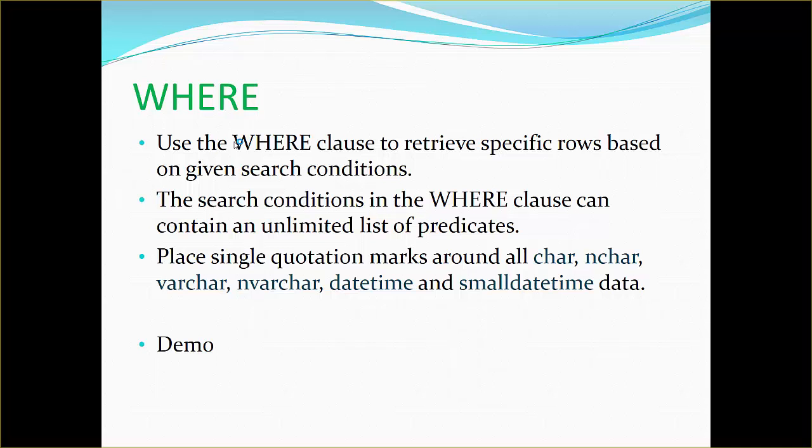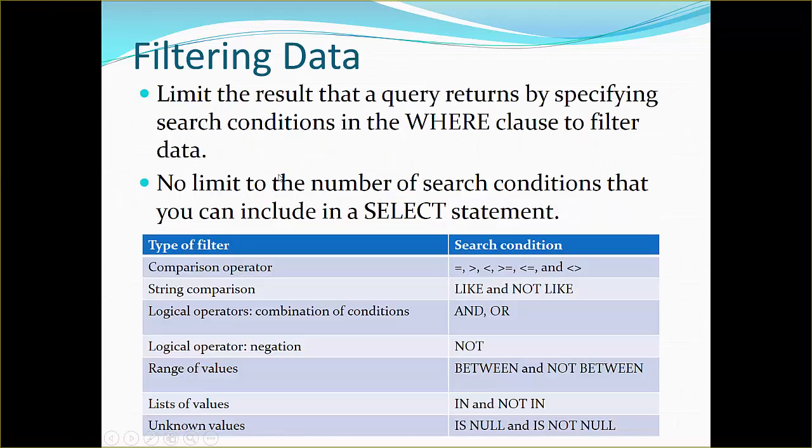Okay, so we call the where clause a filtering clause. We are using it to filter. And when we filter, how do we filter? We filter by limiting the results that the query will return.